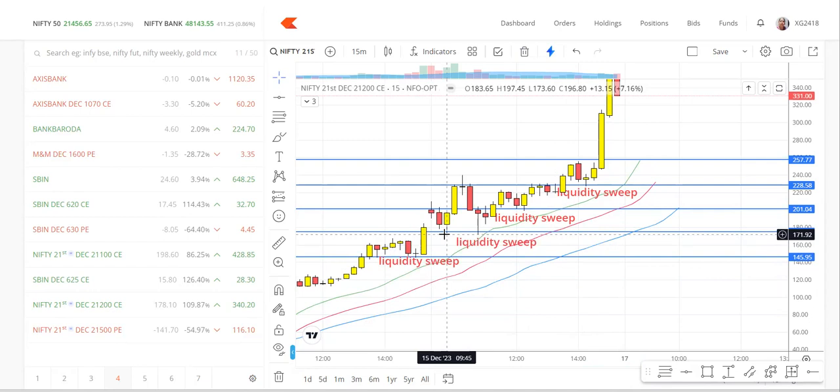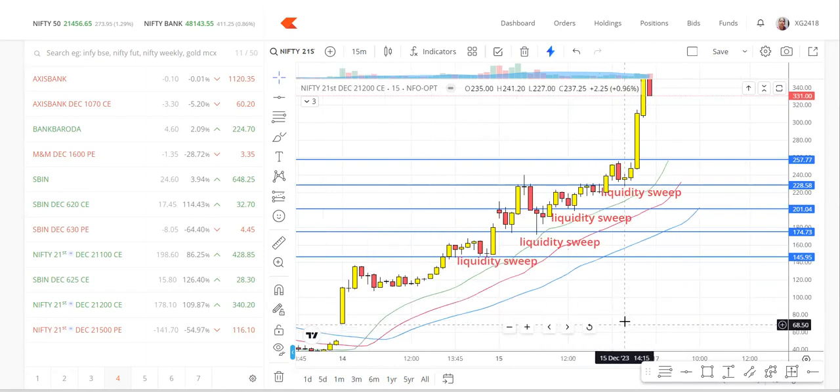Even on the intraday chart, the option premium did not come to this low. You mark this low. You mark this previous day low. If you are in confusion when the market starts correcting, you will have a lot of confusion.